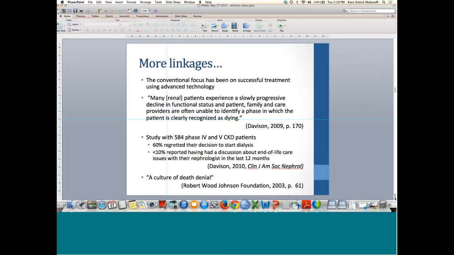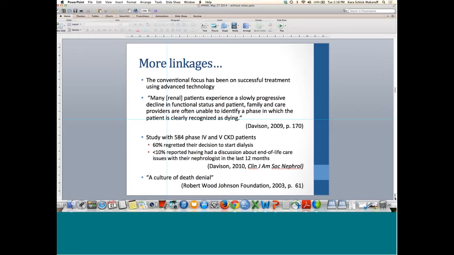I'm going to go to that second bullet there by Davison in 2009. Sarah Davison is a nephrologist from Edmonton, at the University of Alberta, and she wrote this: many renal patients experience a slowly progressive decline in functional status, and patient, family, and care providers are often unable to identify a phase in which the patient is clearly recognized as dying.